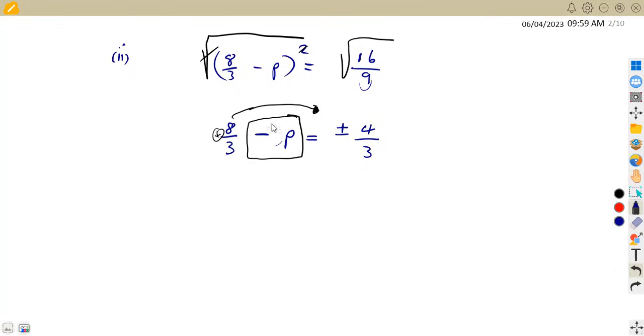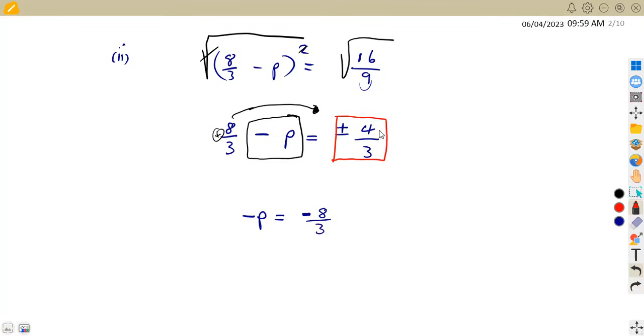So minus p is equal to negative 8 over 3. But already on the right-hand side here, we are already having this part.